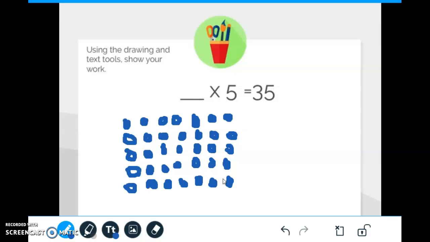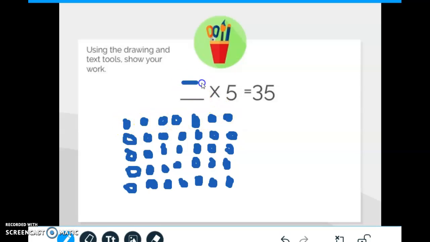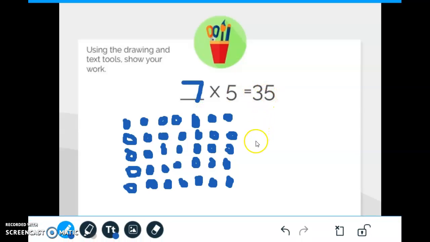So I've hit my product of 35, and I have my 5 rows. I'm going to figure out how many are in each row. 1, 2, 3, 4, 5, 6, 7. 7 times 5 equals 35.